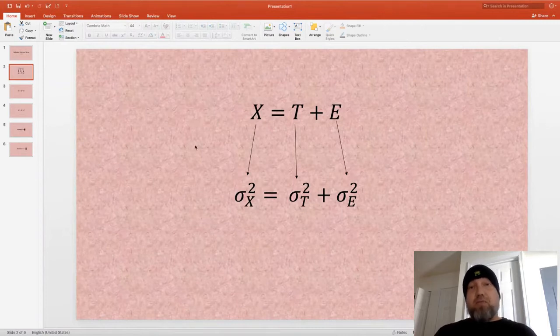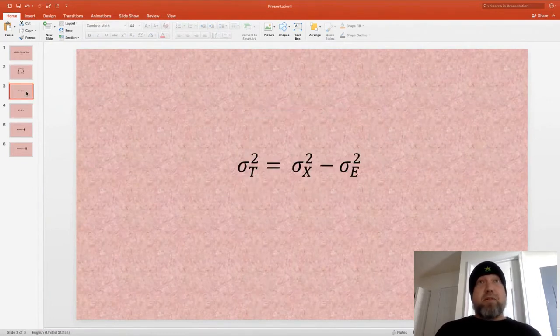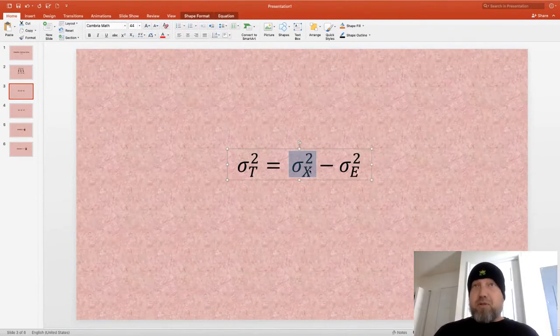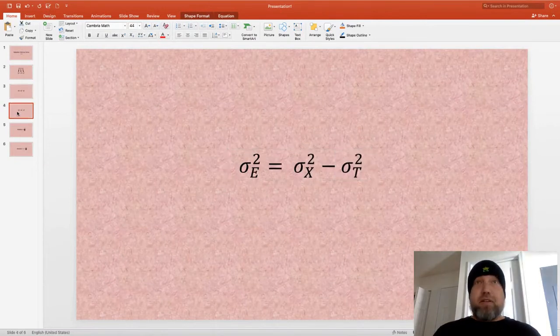And just like we rearranged the first equation, we can do the same thing with this equation. So as we can see, my true score variance is going to be composed of the variance that I can see, my observed score variance, after we have removed the error variance.